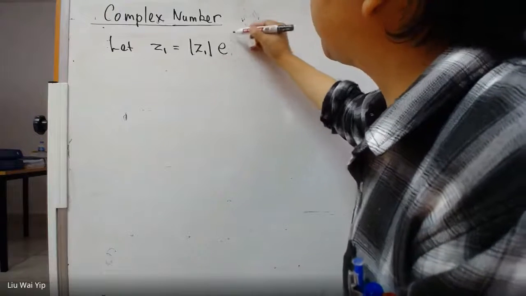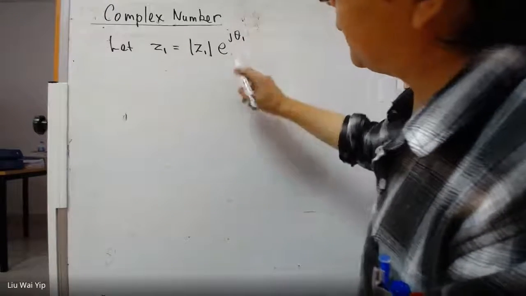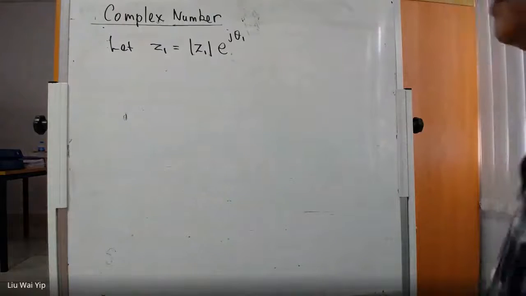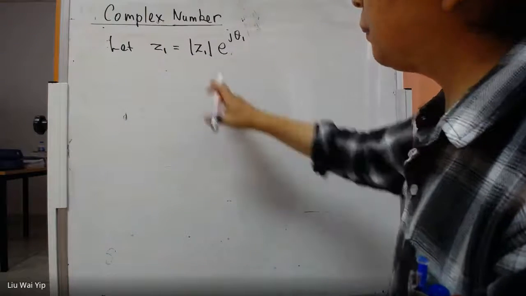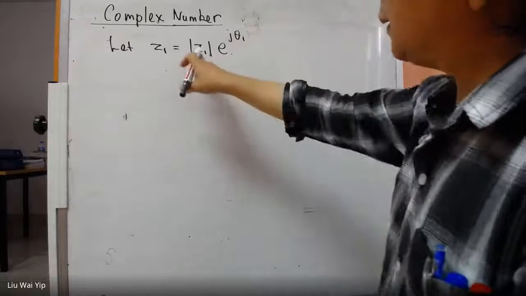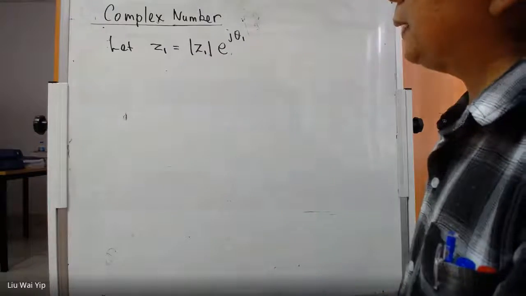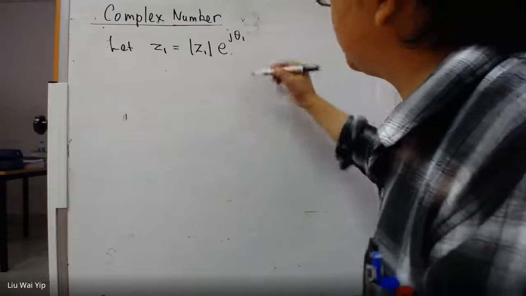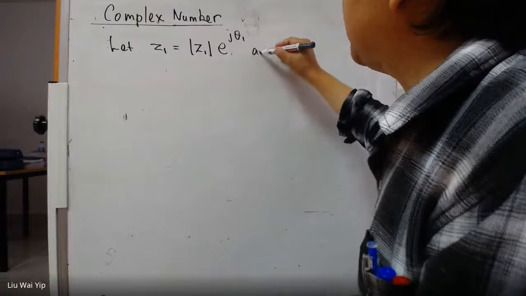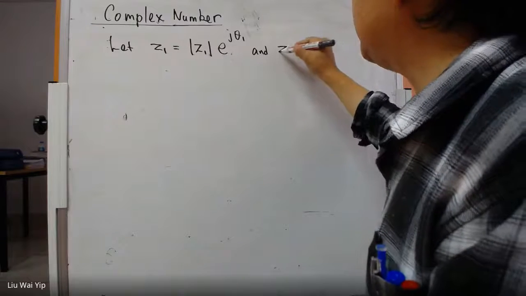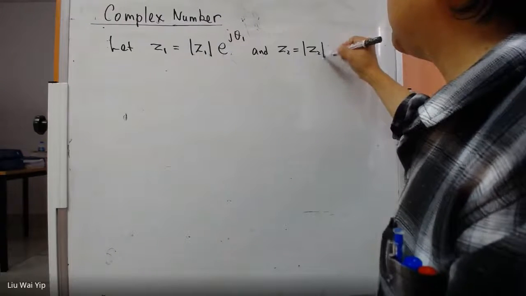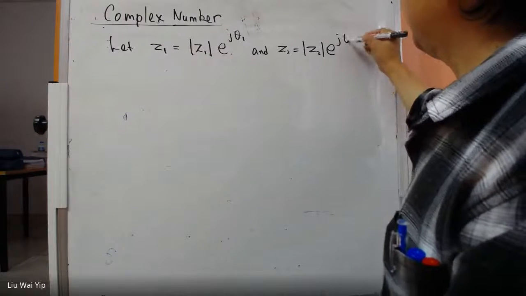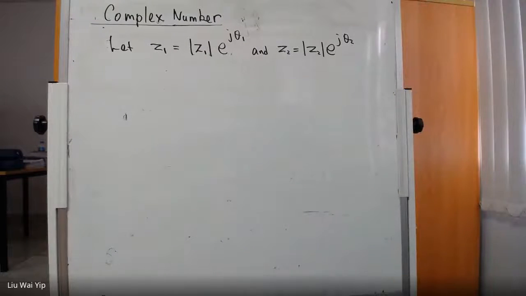In this case, the argument of Z1 is theta 1. The modulus is the absolute value of Z1. And then we also have another complex number, Z2, and theta 2.